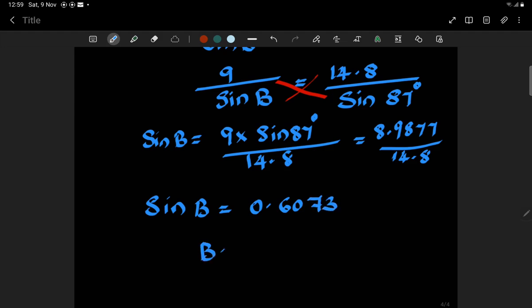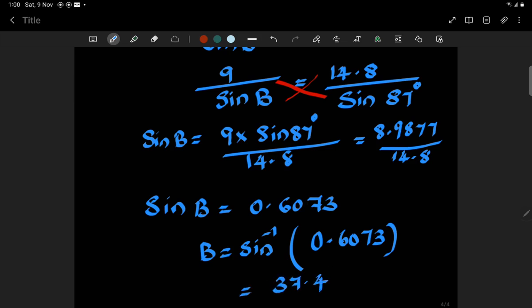So B you can find using sine inverse of 0.6073. Check the answer: you will get 37.4. This is angle B.